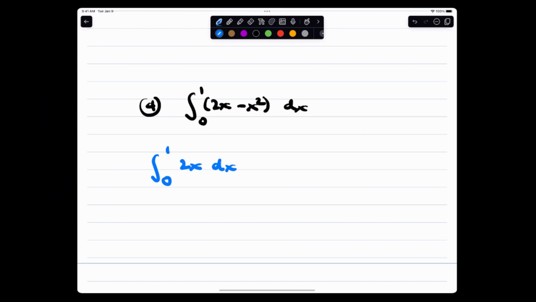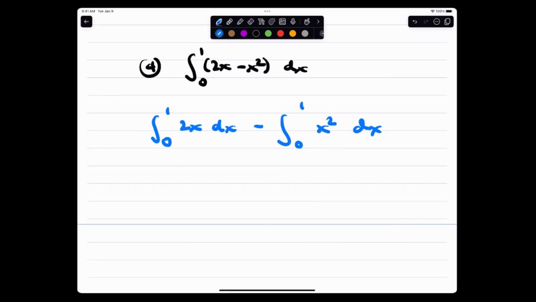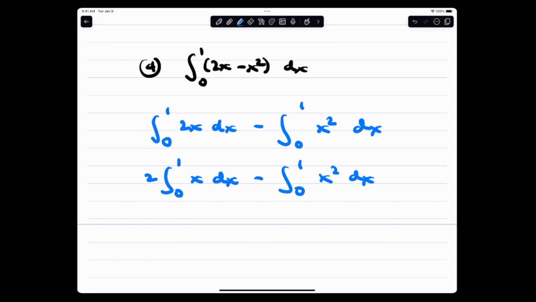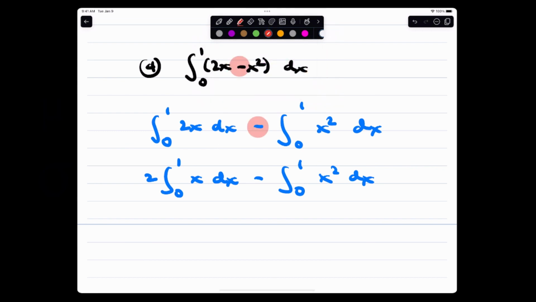The limits. There's nothing wrong with that. I can do that too. Okay? And then I can pull out that constant. Didn't I use the properties? The integral of a difference is going to be the difference of what? There's a difference. Integral of a constant times a function. Pull out the what? Constant.